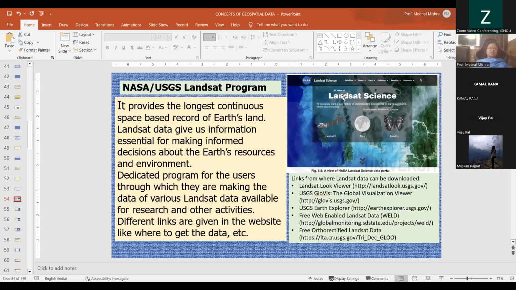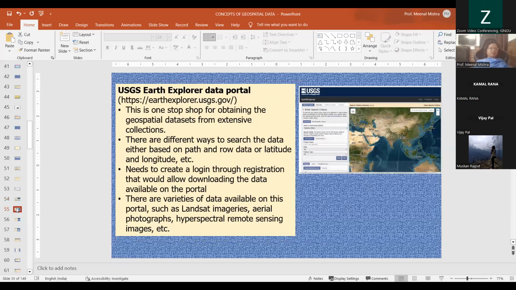This is the screenshot of this Landsat program, and links from where this Landsat data can be downloaded are provided in your SLMs. Now next, USGS, the United States Geological Survey.